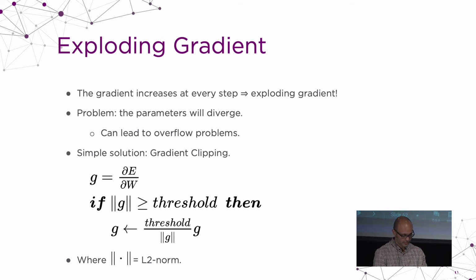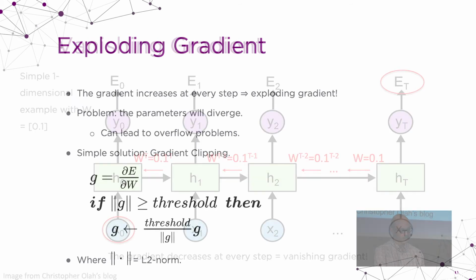And we can do that with this code here, where you see I take a generic gradient G, I compute the norm. If it's bigger than the threshold, I rescale it. The way I rescale it is I take my gradient G, I divide by the norm of G itself, so now the norm is 1, and I multiply by the threshold. So now the norm is the threshold. So that's how I can solve this problem, and it actually works, and is a very easy solution.